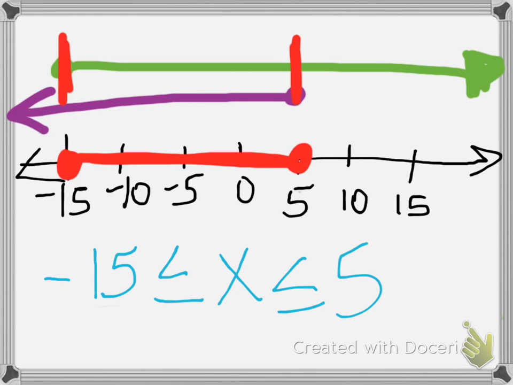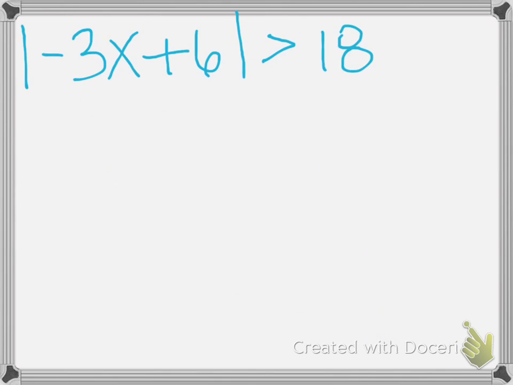And then we can take this graph and write its solution as a combined conjunction. What we're basically saying here is what's exactly on the graph: negative 15 is less than or equal to all my shaded numbers x, which are less than or equal to 5.